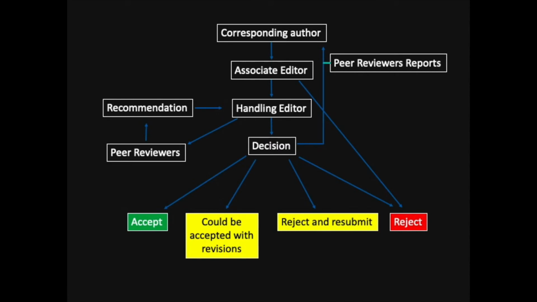Now, after you resubmit, it will go back through this process. It'll go back to the handling editor. If it was a reject and resubmit, it will definitely go back to the reviewers. If it's a minor revisions decision, it may or may not go back to the reviewers. And then at that point, you could get an accept decision, or you might get another minor revisions decision.